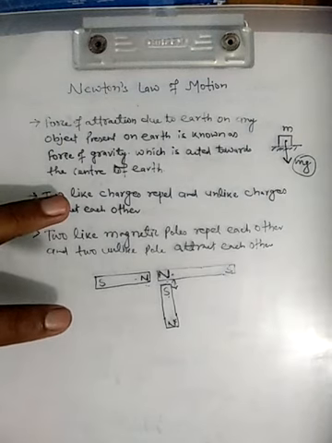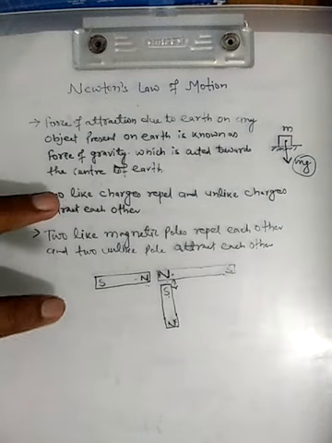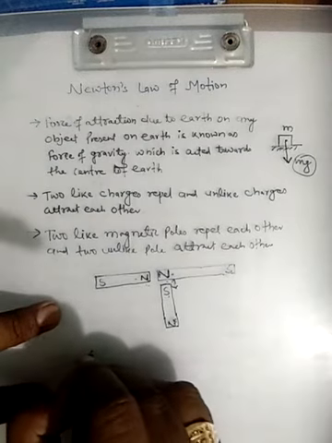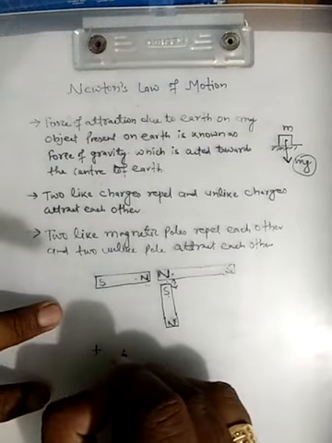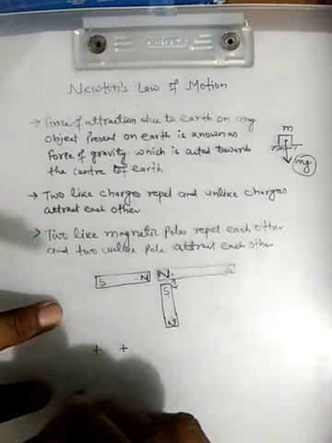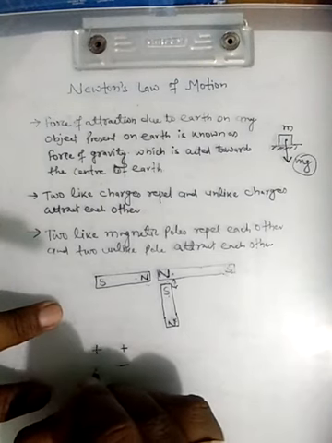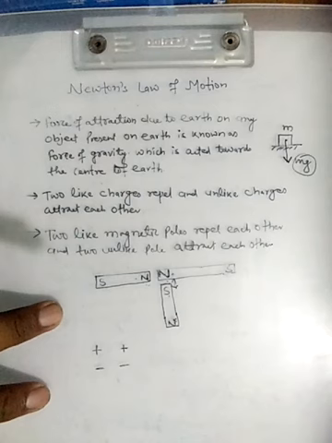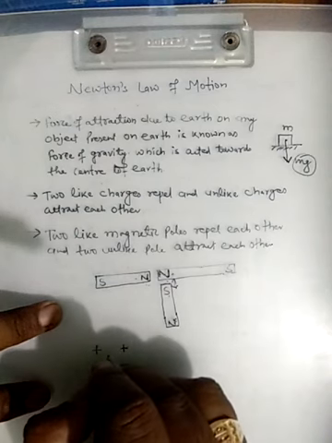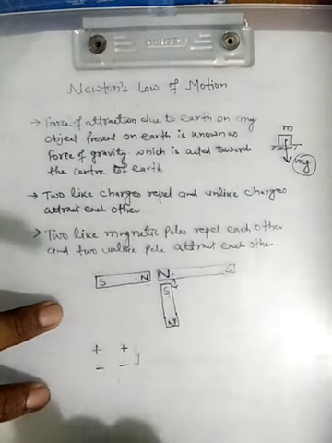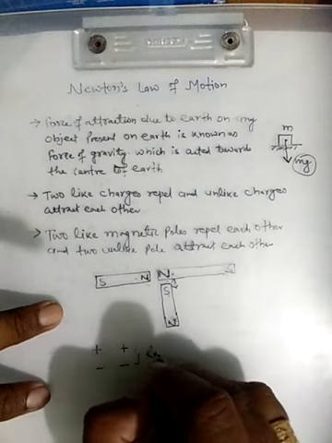This is similar to two like charges: if two charges, plus and plus or minus and minus, are placed nearby, then these two charges repel.